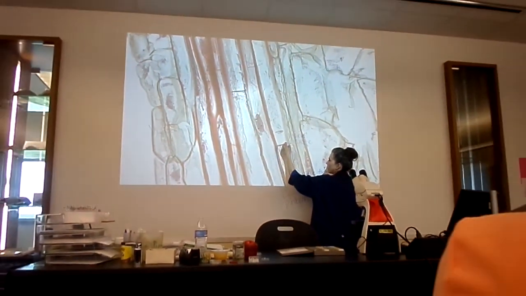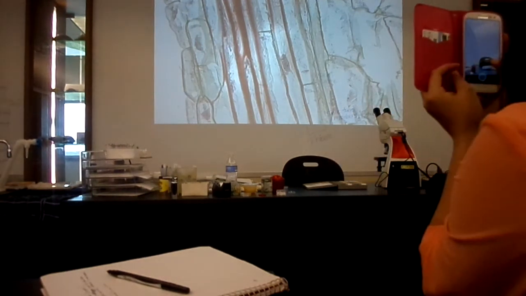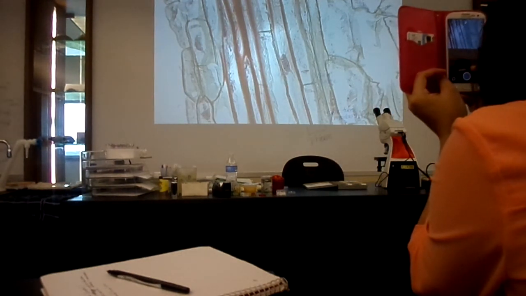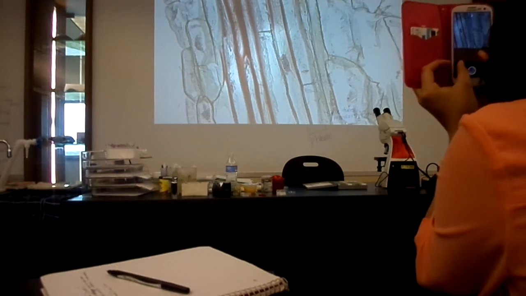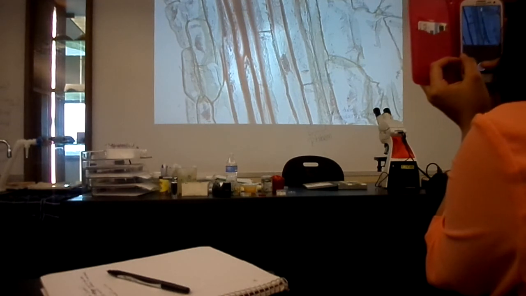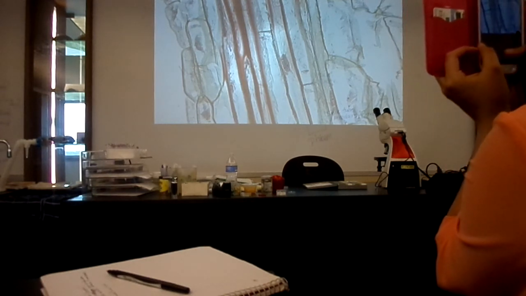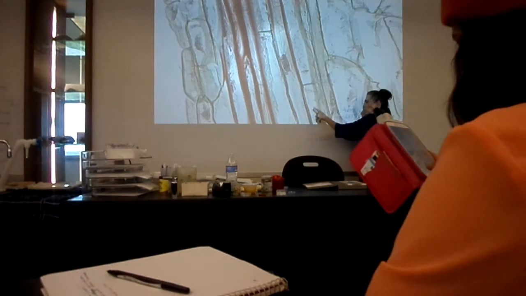The sieve plate is porous. It has holes in it. I'll draw those like little holes. It's kind of like a colander you would have at home to drain your pasta. There are little tiny holes that allow the sugars to pass through. So the sieve plates are the division that separates the sieve tube members from each other.